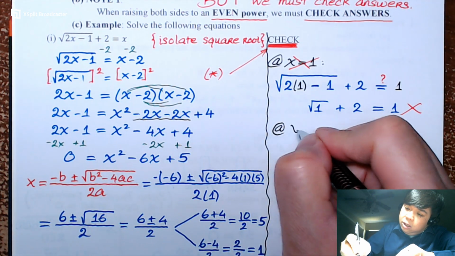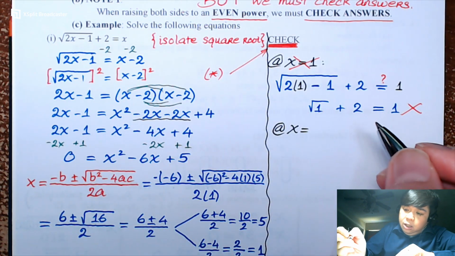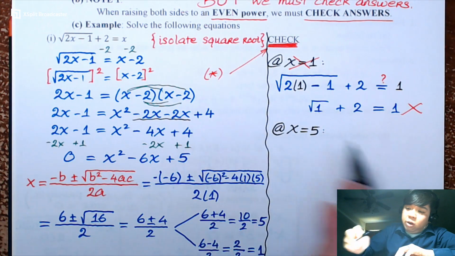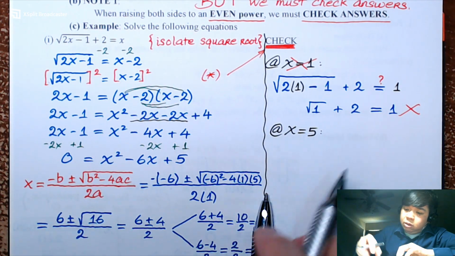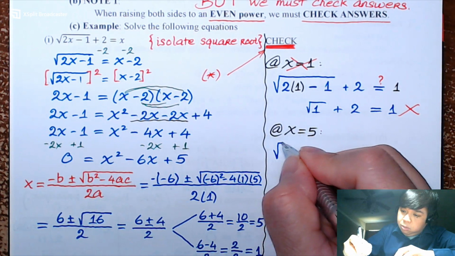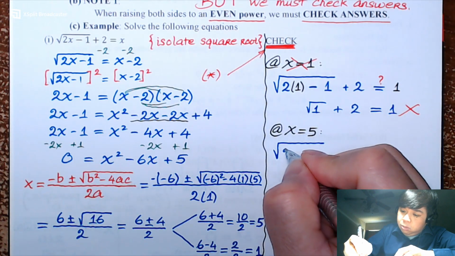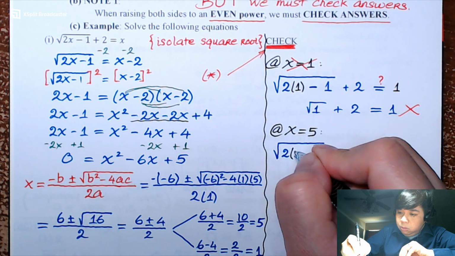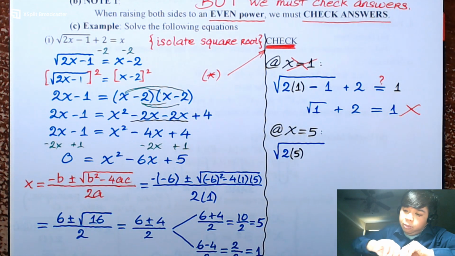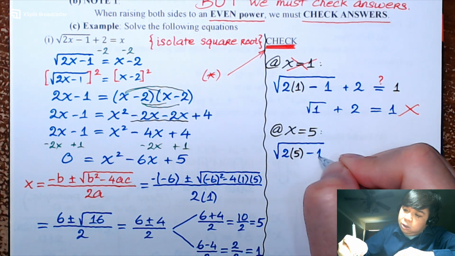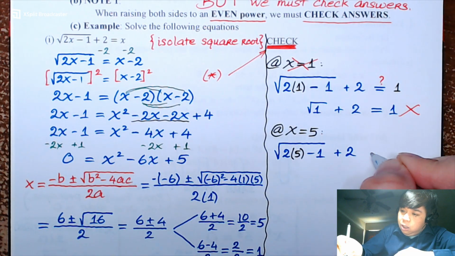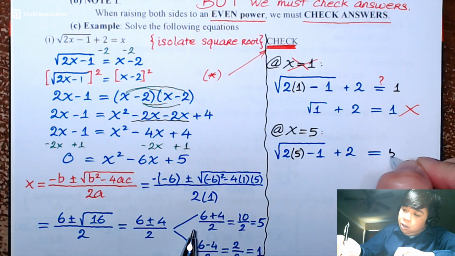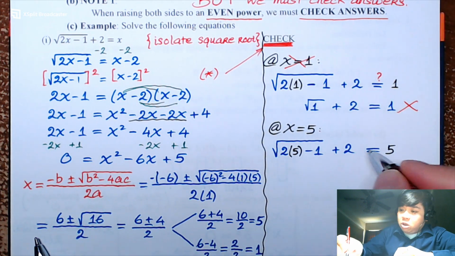Now we go to x equal to 5, and I put 5 in for x. Minus 1 plus 2 equals 5. Put 5 for x. We don't know if it is true or not, so I put a question mark here.